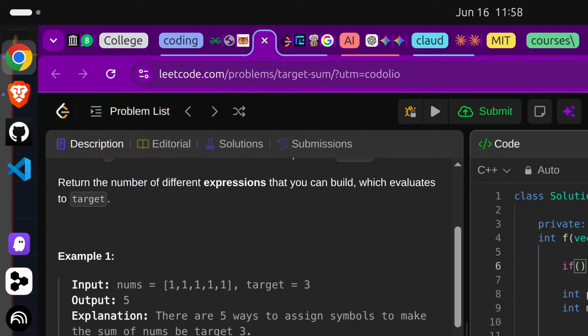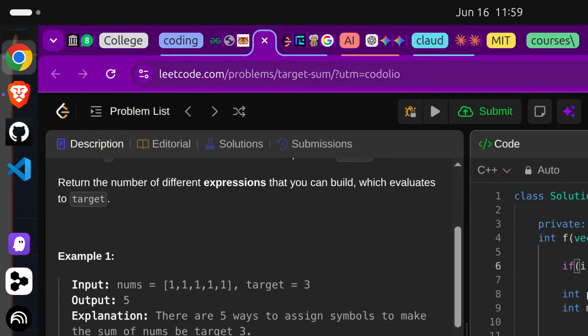If i is equal to n minus 1, not n minus 1, like n, and target is equal to 0, right?